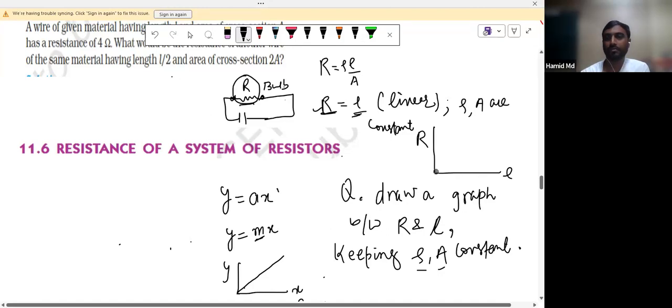Yes, of course it is a straight line. If L is 0, the resistance will be 0, right? If L is maximum, resistance will be maximum. Clear? So you have to mention over here, because we have oversimplified these two conditions, that rho and A are constant.